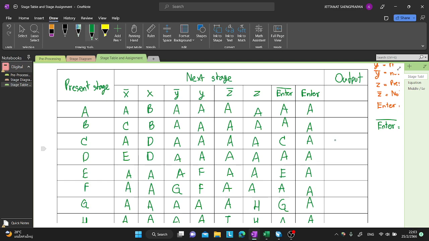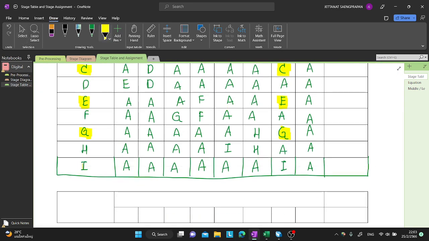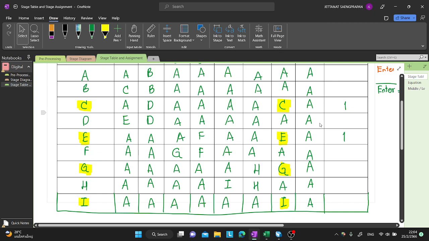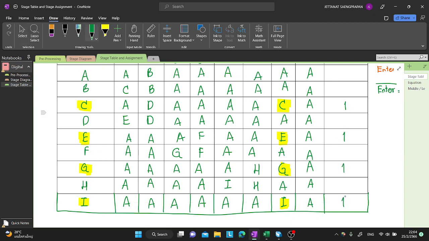So the output is shown when I don't press any numbers, after I press the number, which is state C, here state E, state G, and state I. In this highlight, the output is 1 because it's completely pressed and registered, the digital key code already, and the rest of them is 0.